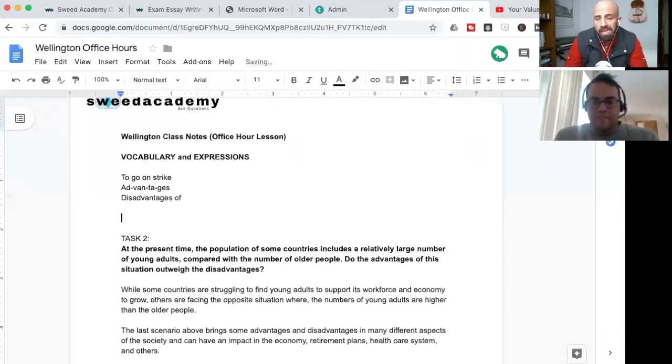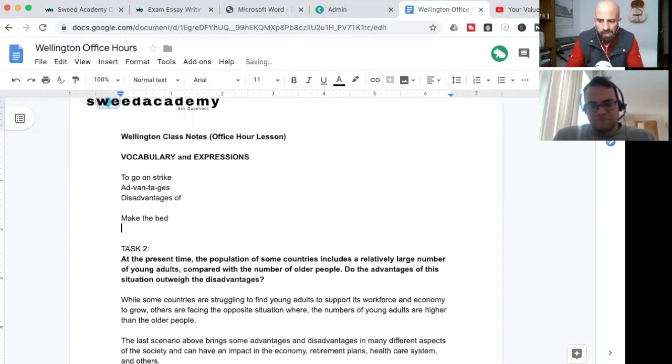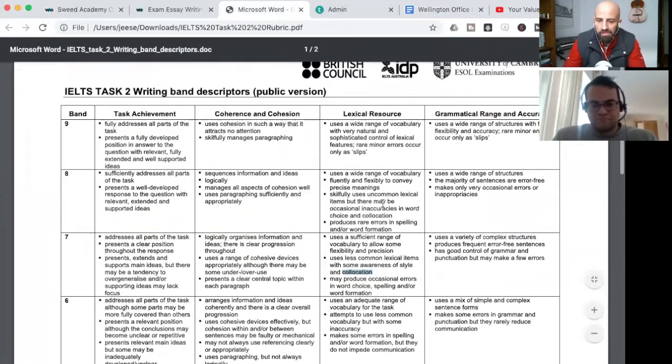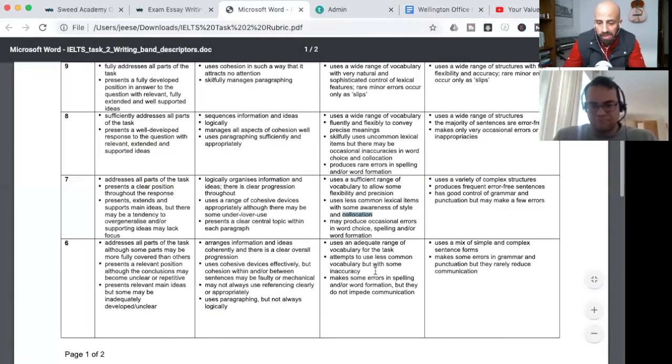Kind of like phrasal verbs, except it's not a verb and a preposition. It might be a verb and a noun. Like, for example, make the bed, right? Those all go together. That's like one meaning. Set the table. Those are examples of collocations. So that's in vocabulary and lexical range: collocations and phrasal verbs, things like that.